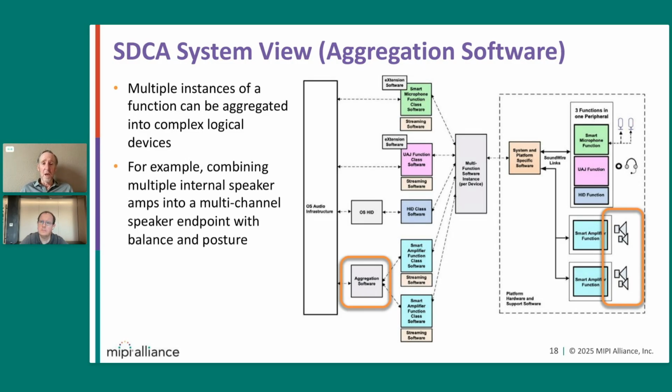Today, aggregation is provided predominantly by the operating system vendors, with some additional data coming from the integrator, the SoC vendor, and the third party to provide the full ability to take speakers and/or microphones, for example, microphone arrays, where you want to take 3, 4, 5 microphones and use them together as an array for noise reduction, such as beamforming.